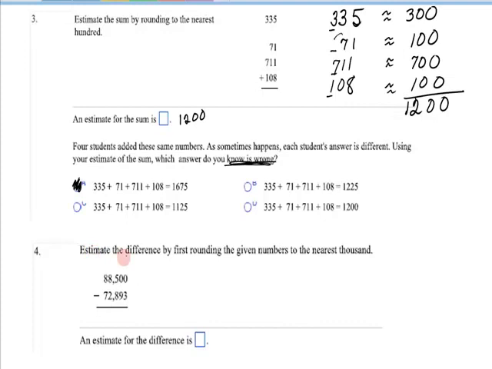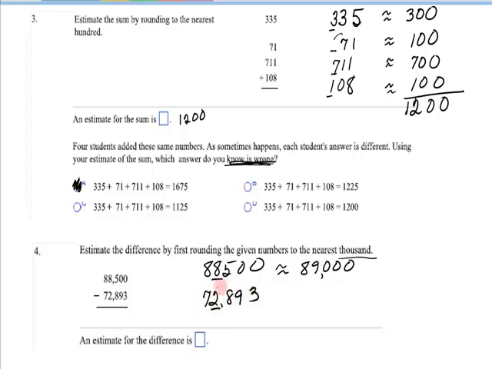This time it says to estimate the difference, subtracting, by rounding to the nearest thousand. You don't get to pick, it should be indicated. So 88,500, 8 is in the thousands place, the 5 tells you to round up, so that becomes approximately 89,000. 72,893, thousands place.